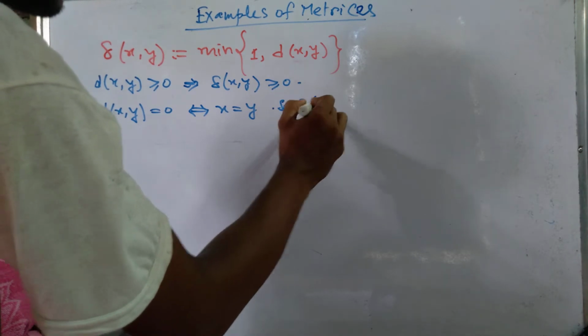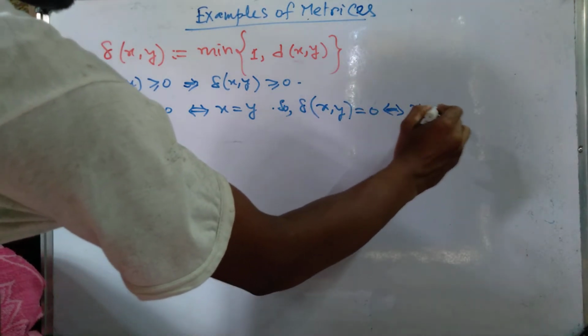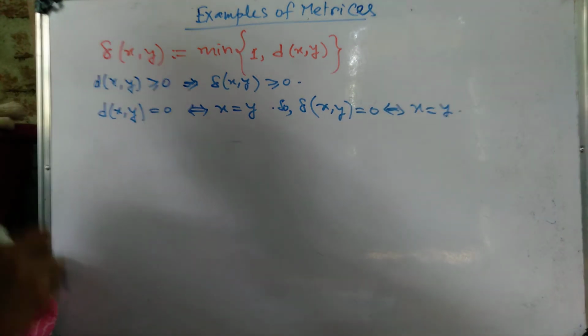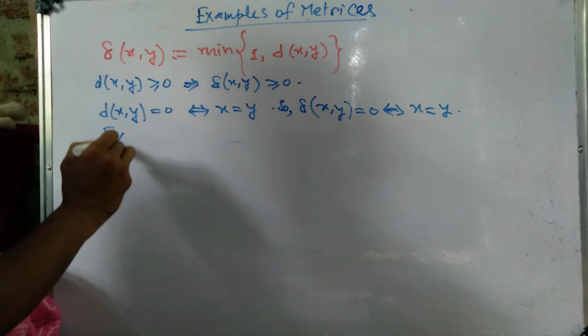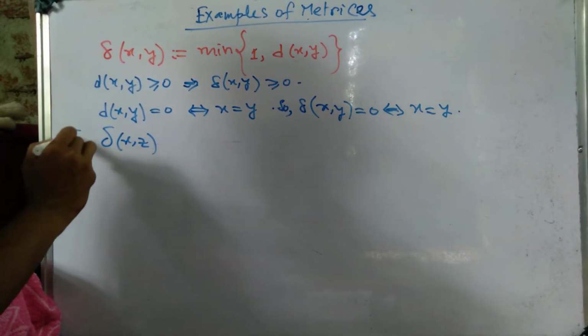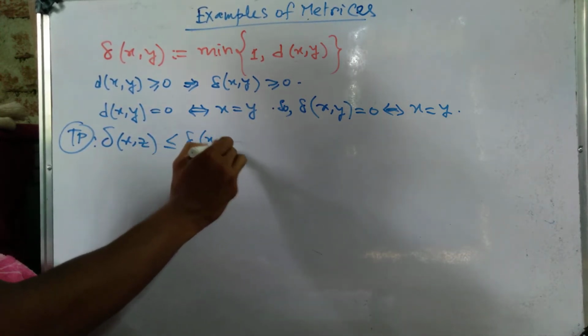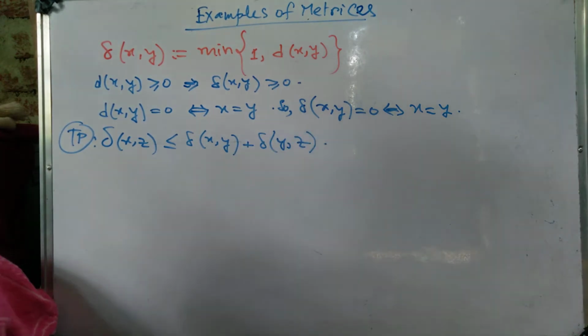So delta xy equal to 0 implies x equal to y. Okay, now these two portions are complete. Now the third portion, we have to prove that delta xz is less than or equal to delta xy plus delta yz. Now we check it.